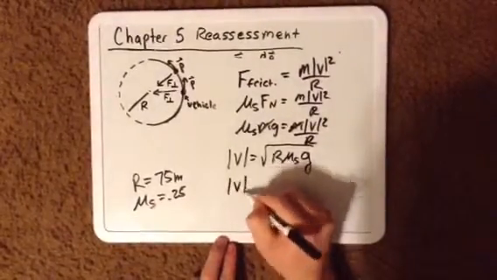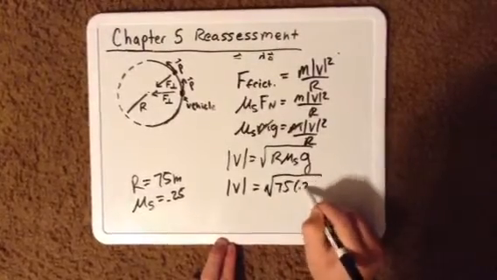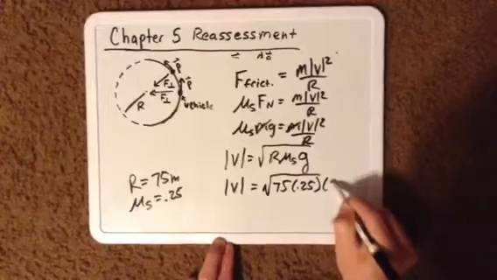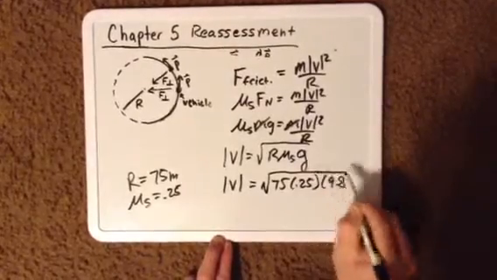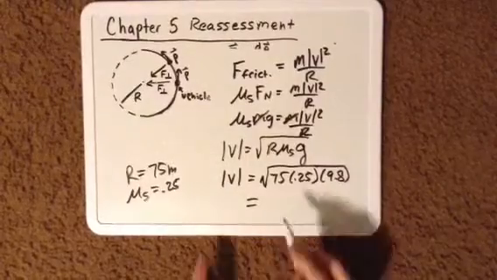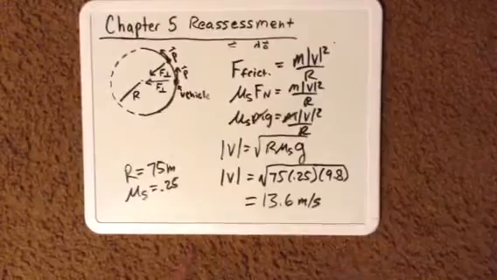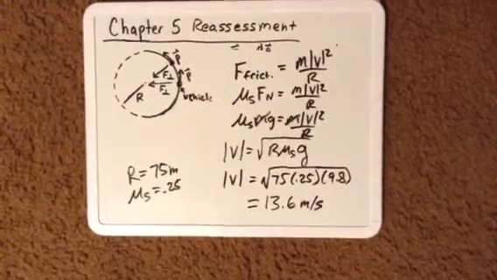Plugging that in, we get the square root of 75 times 0.25 times 9.8. I checked, and the units do come out to be meters per second, so that's good, and this value is 13.6 meters per second after plugging all that into a calculator.